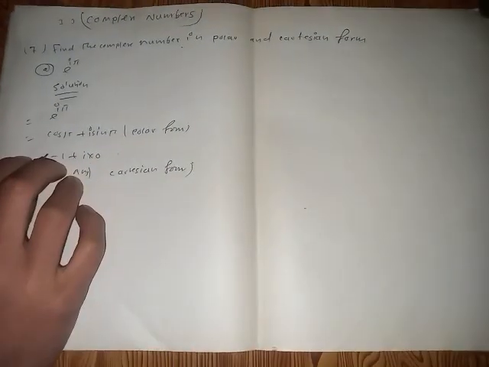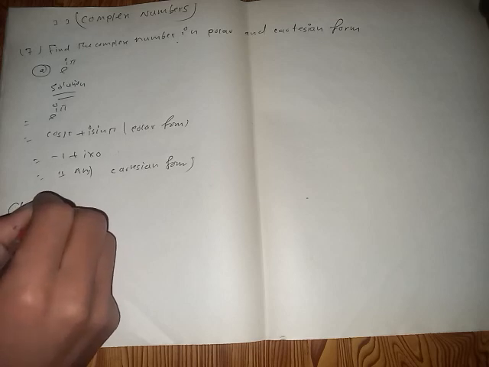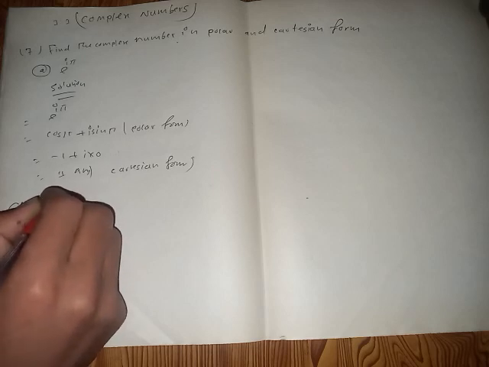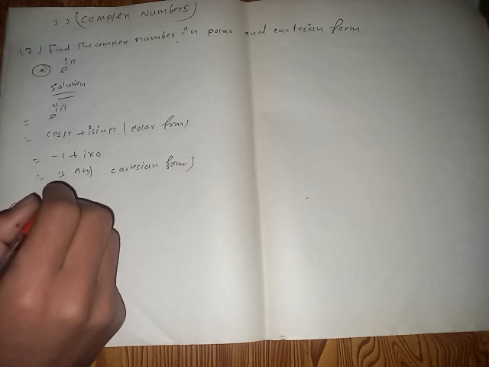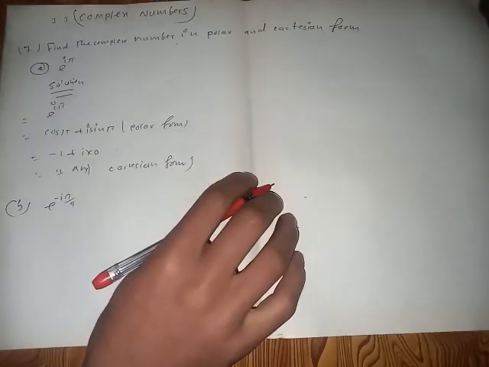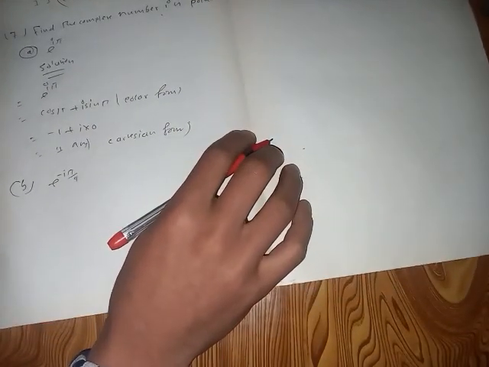And another question is question number B. Question number B is e power minus i pi by 4. Then the exponential is changed into the polar form and the Cartesian form.